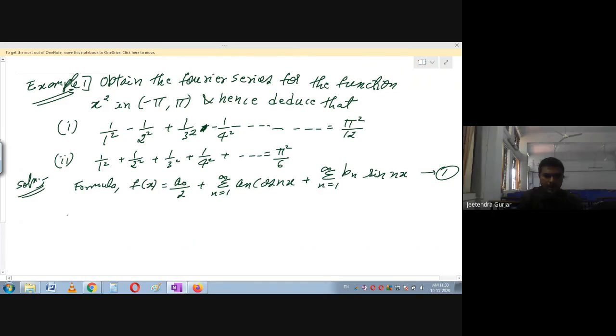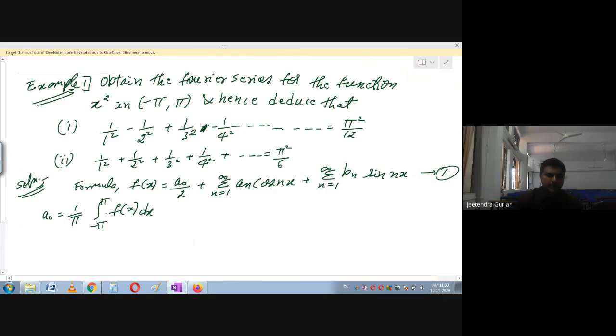When you write the formula, it is very simple, substitute a naught, an, bn. Please remember the formula for a naught is equal to 1 upon pi integration from minus pi to pi of f of x dx. So substitute these values.